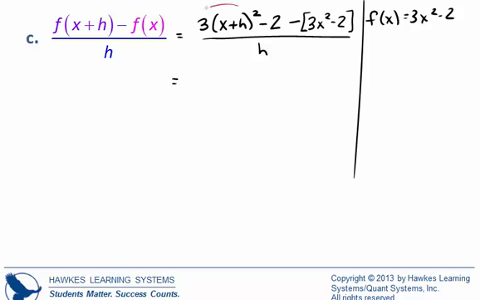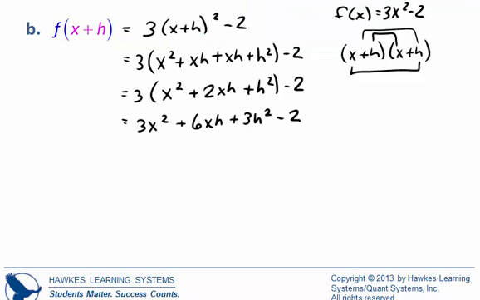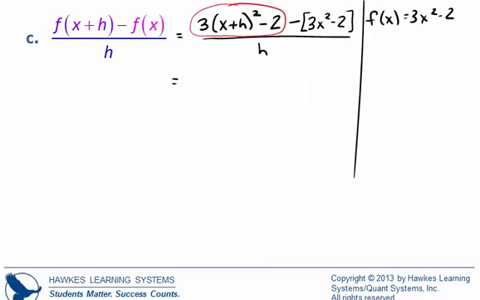Now, this part was what we worked out in the previous example. So we already know the answer to this part right here. So let's go ahead and add that in. 3x squared plus 6xh plus 3h squared minus 2 is what we had, which we copied from the previous problem.